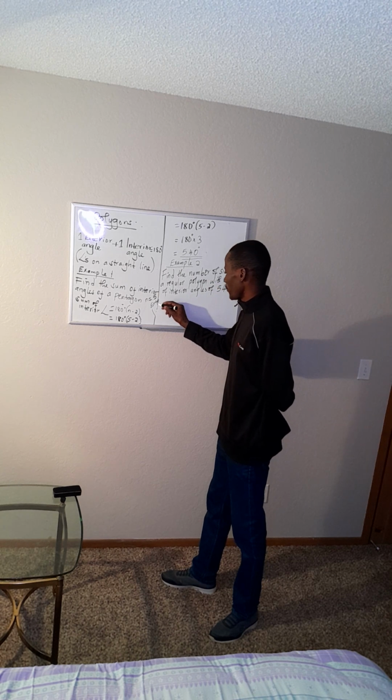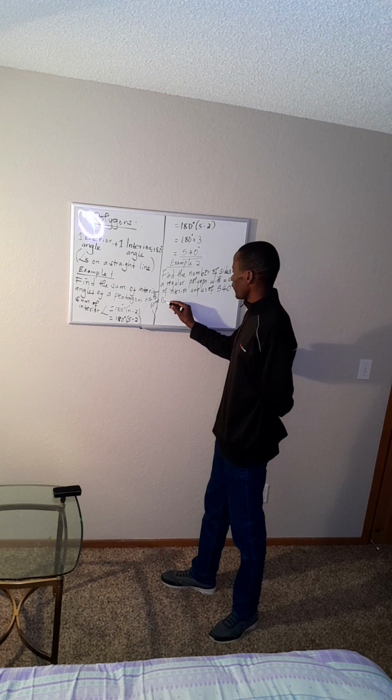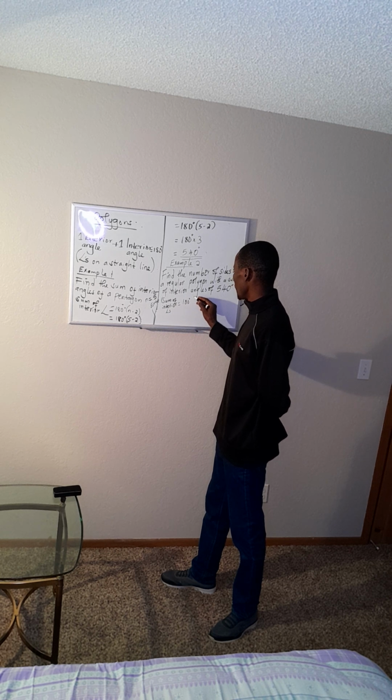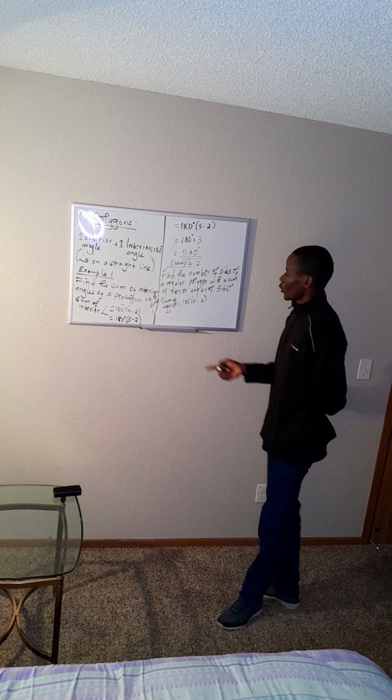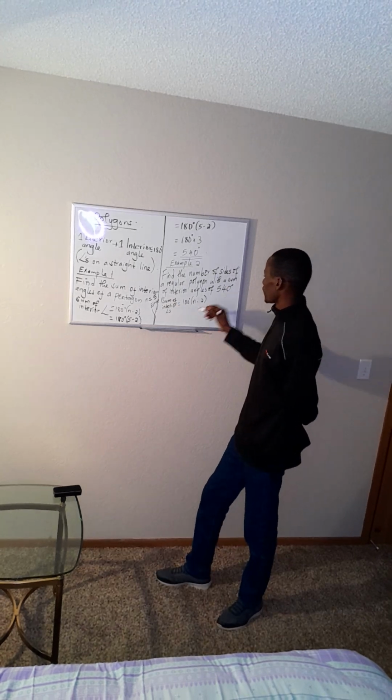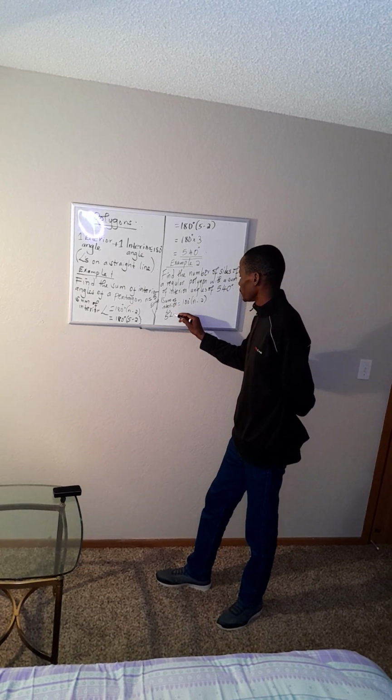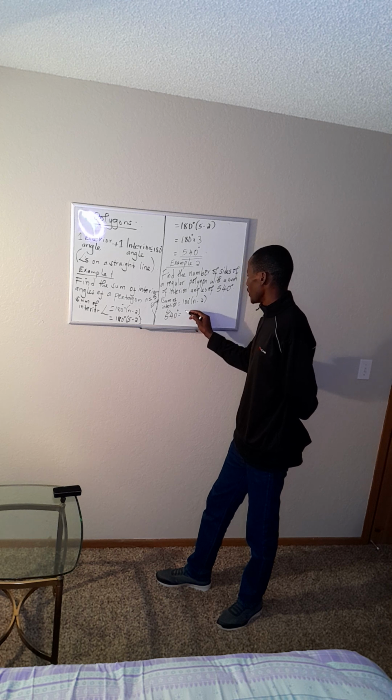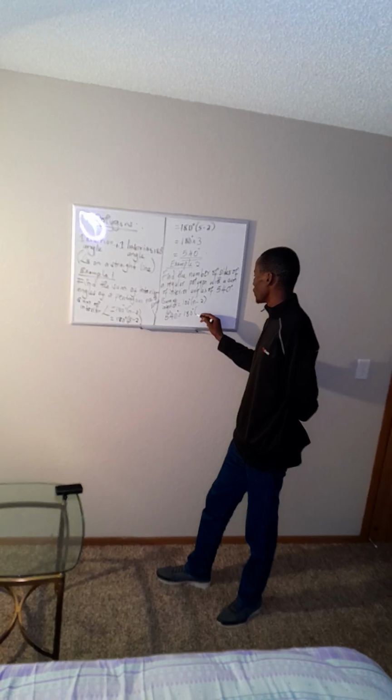So what do we do? We write the formula down and say the formula of finding the sum of interior angles is 180 degrees into n take away 2. Then substitute the sum of interior angles of the polygon: 540 degrees is equal to 180 degrees into n minus 2.